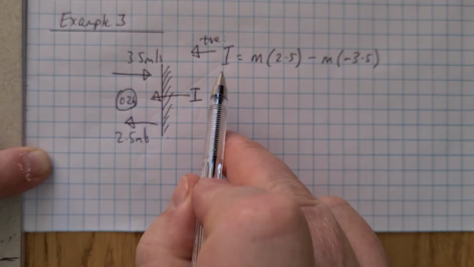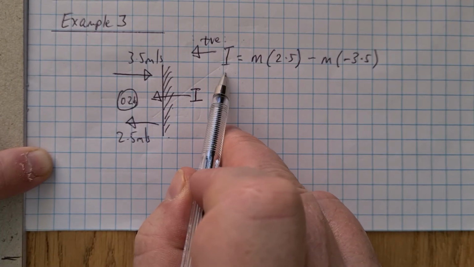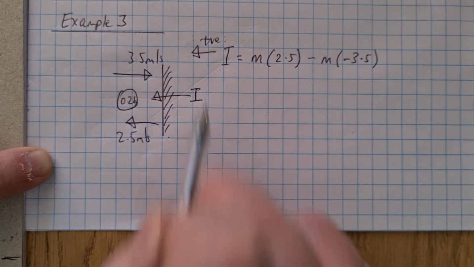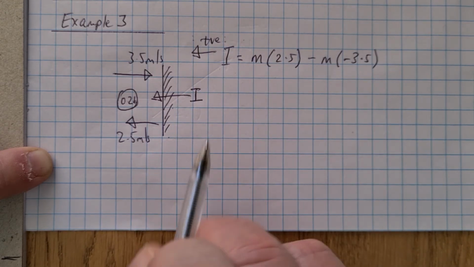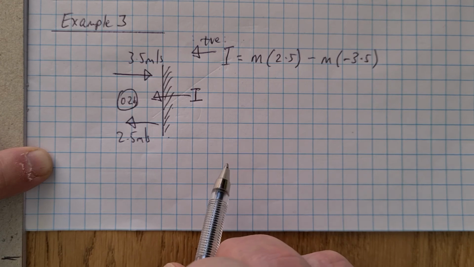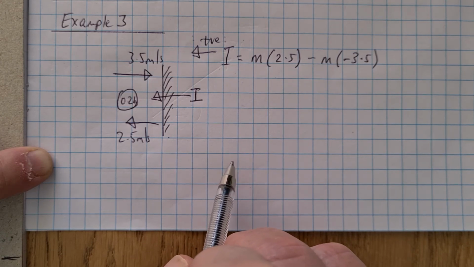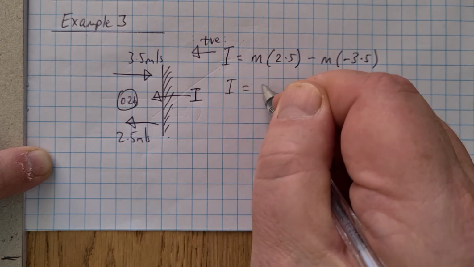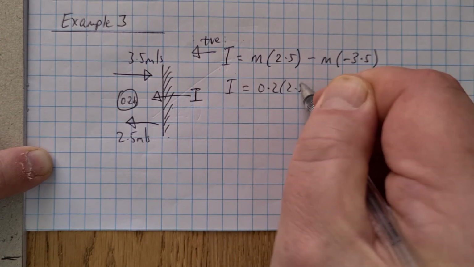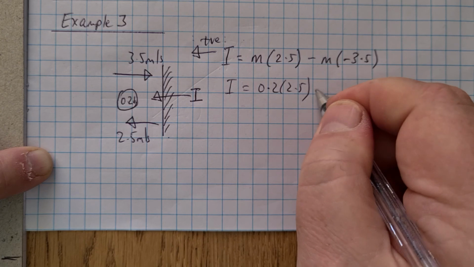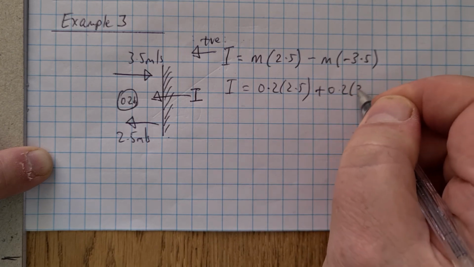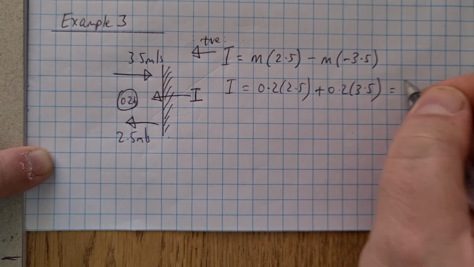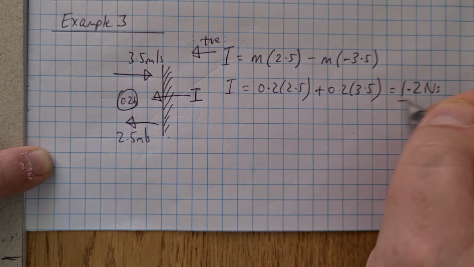As we said at the start, momentum and impulse are vector quantities, so we have to take direction as the direction you've taken at the start of the question. The mass was 0.2, so the impulse is 0.2 times 2.5, plus 0.2 times 3.5, giving us an answer of 1.2 Newton seconds.